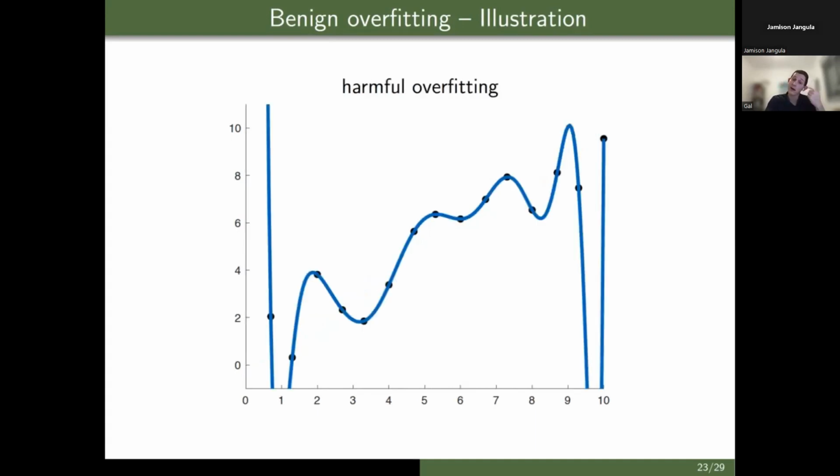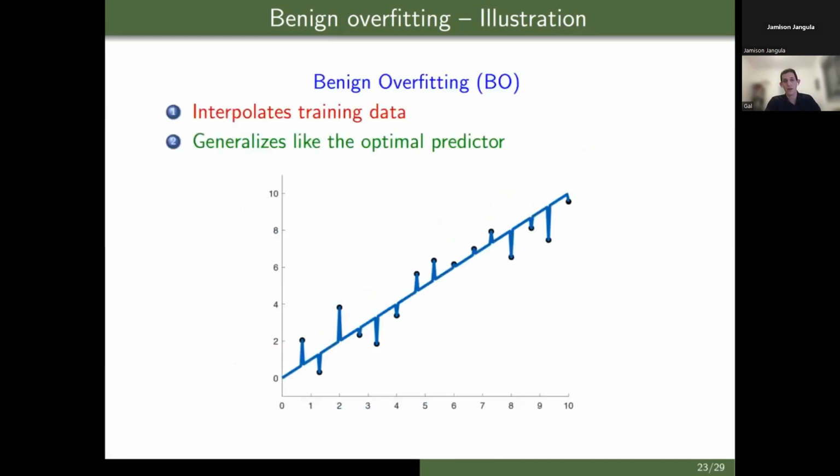One situation would be harmful overfitting, in which we interpolate the training data and we do not generalize well. And the other situation that is perhaps possible is benign overfitting, where on the one hand, we interpolate the training data, but the predictor that we get generalizes like the optimal predictor, which means that if we choose a random test example, then with high probability, it is labeled similarly to the optimal predictor.